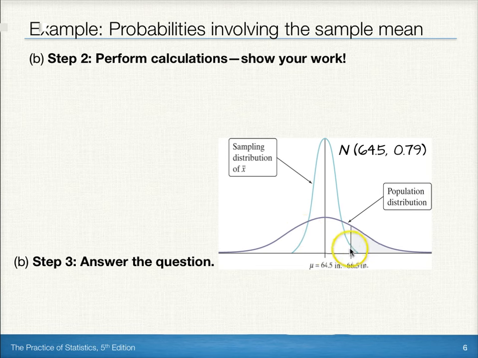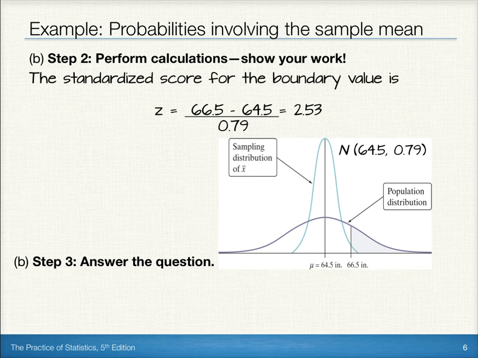That is, the boundary value is much farther above the mean in terms of standard deviations in the sampling distribution than it was in the population. Specifically, 66.5 minus 64.5 over 0.79 gives us a z-score of 2.53.